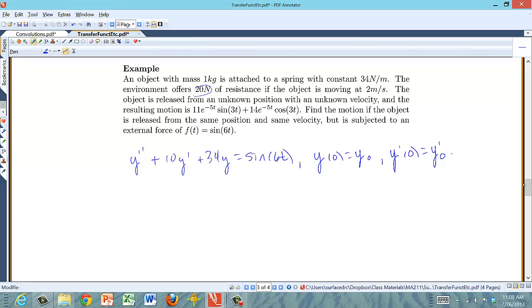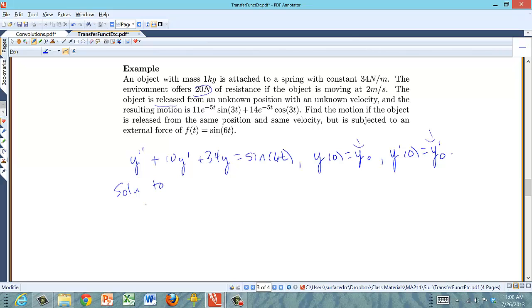Now, we have the solution to some different problem, right? It's like we performed an experiment and we released the object from an unknown position with an unknown velocity. So we released it from this position with this velocity, and we got this following motion. When I say released, I mean there's no external forcing there. So we have the solution to this problem.